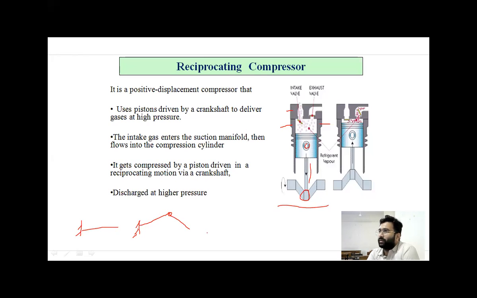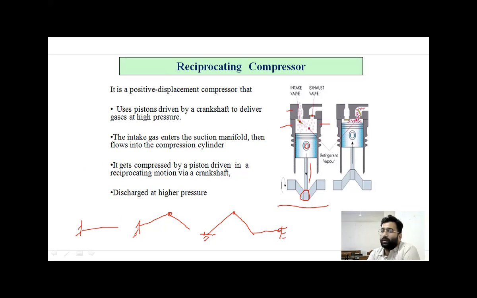Then there are three joints also. Like this we have a rigid support, then we have one link, then another link, then another link. It can be like this also. Depending on the number of links and the number of pairs, the mechanism is formed. That will be covered in the theory of machines. So this is actually a 4-bar mechanism, the piston cylinder assembly.